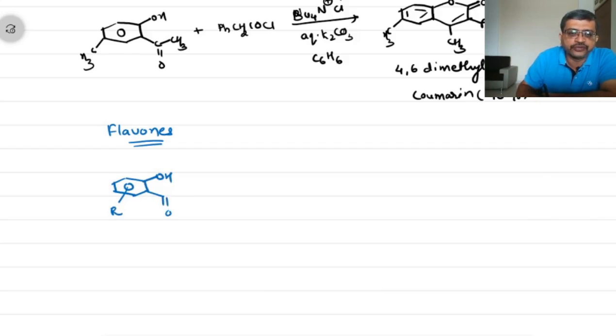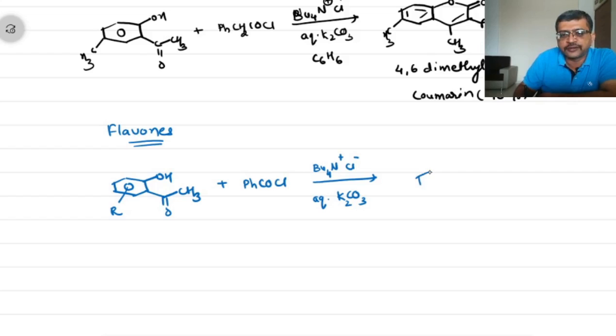Here also we will be using an acetophenone derivative and benzoyl chloride in presence of tetra-N-butyl ammonium chloride and a base of aqueous potassium carbonate, which will give us this adduct.